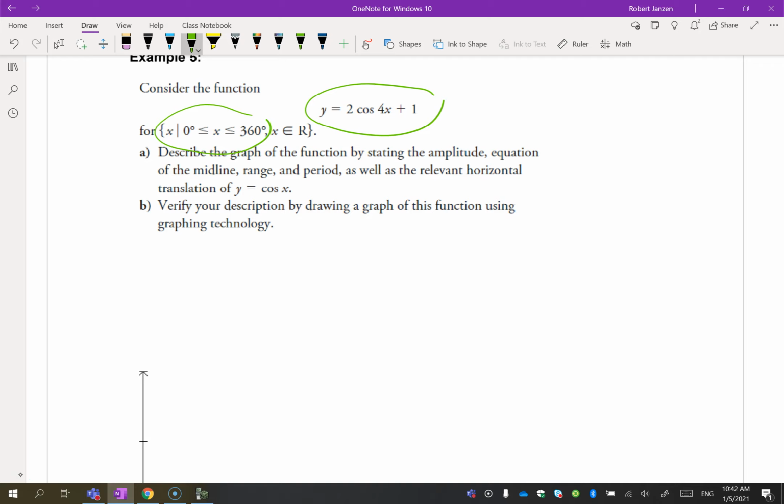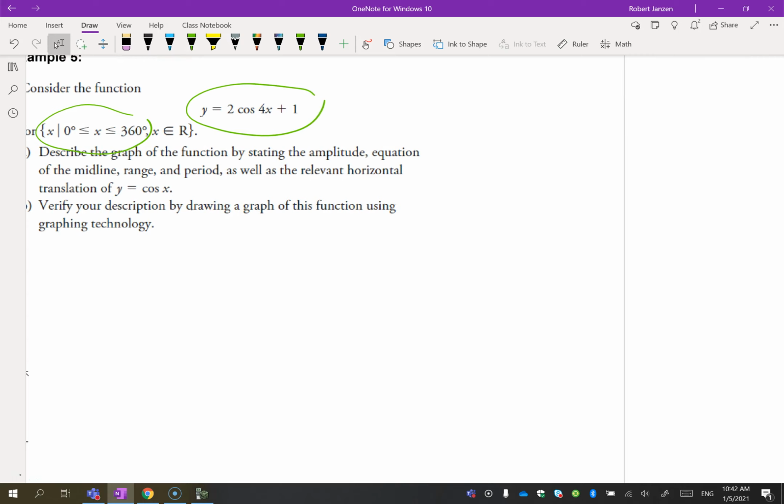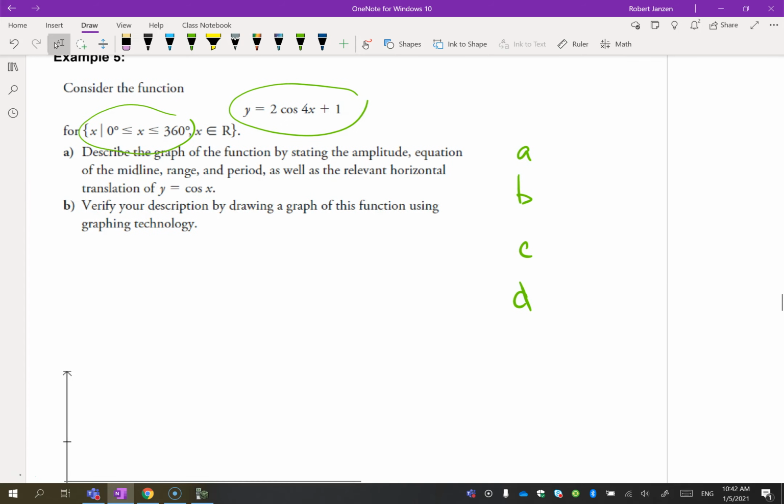Describe the graph of the function by stating the amplitude, the equation of the midline, the range, and period, as well as relevant horizontal translation. Okay, so they're saying, give me A, B, C, and D, right? What is the amplitude? Amplitude is 2, right? Because this is my A value.